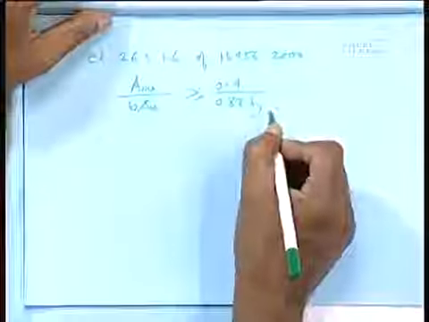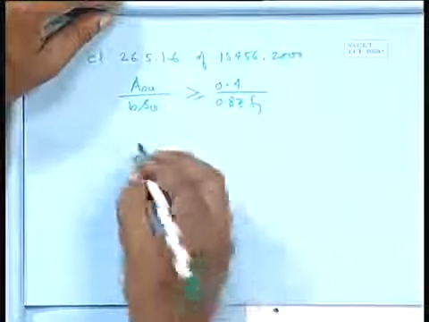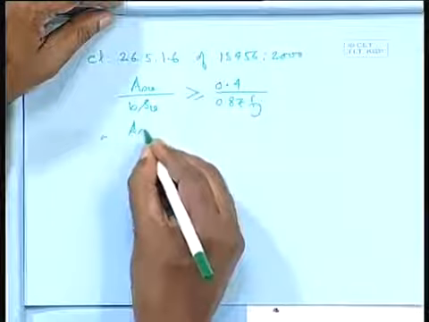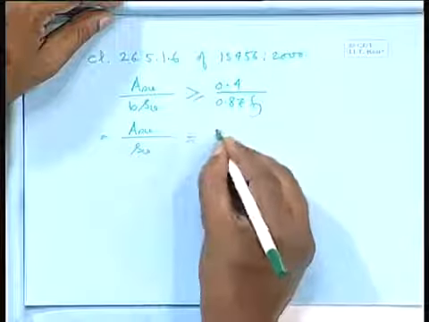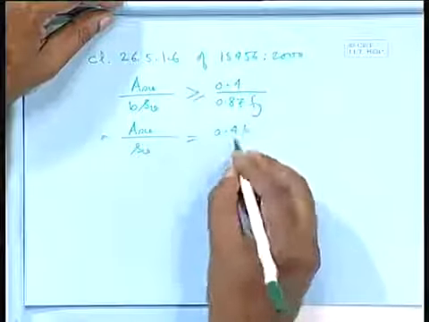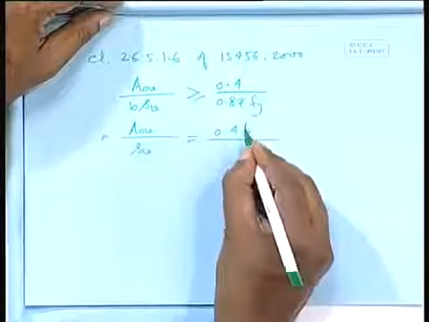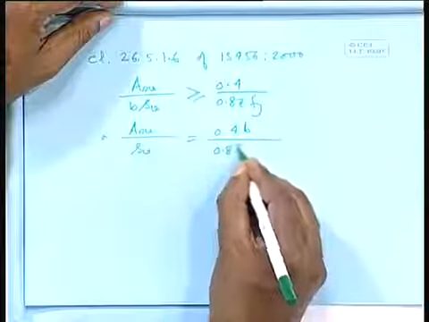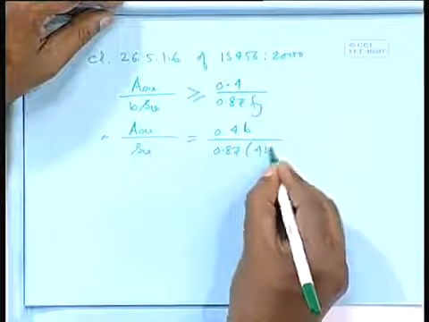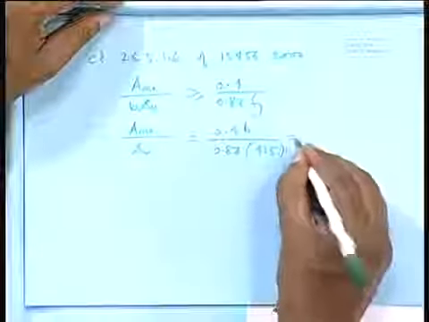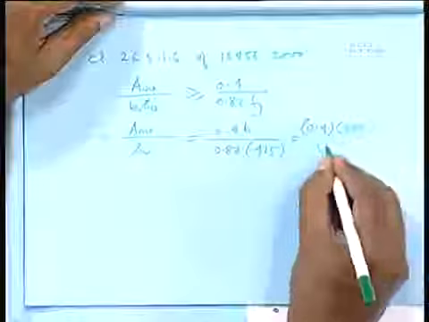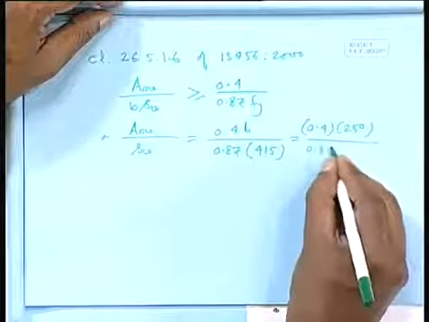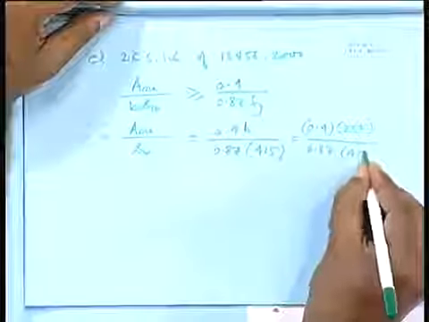We can get this value, ASV by SV equal to 0.4 B divided by 0.87 times 415, equals 250 times 0.4 divided by 0.87 times 415.